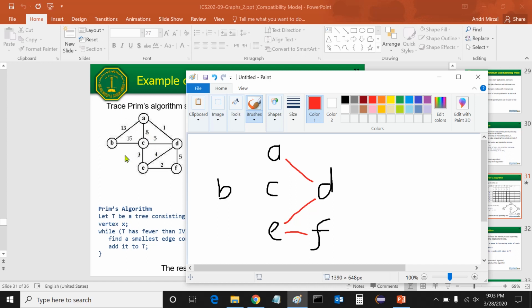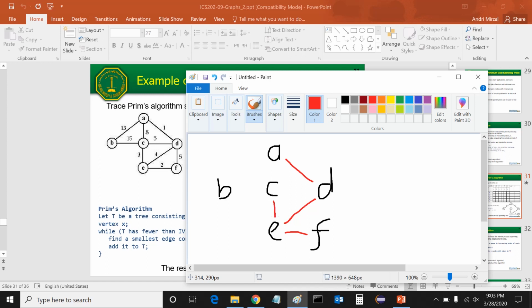That cut will separate the set T from the rest of the graph, and we will see that the edges are 13, 8, 5, and 3. So 3 will be the minimum weight, so we need to draw that edge into this graph.